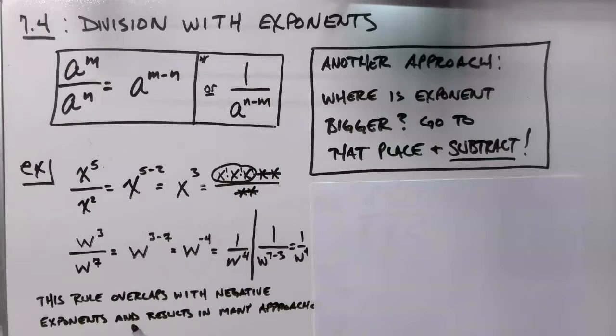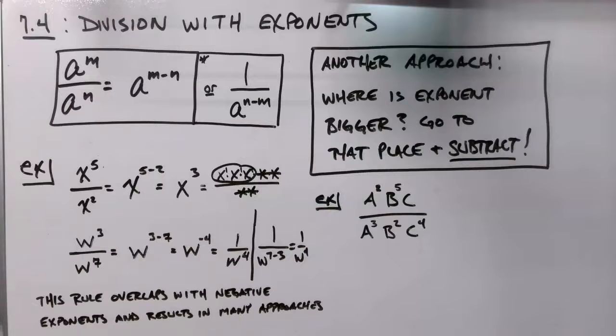There will be times you might have a worksheet or an assignment that's stressing they want to see if you know the rules, and they'll say, write your answer with every value in the numerator. Sometimes that's the way they'd want it, and actually in this one, w to the negative 4. So the instructions take priority, but unless they're expressed in the instructions, in general, we like our exponents to be positive.